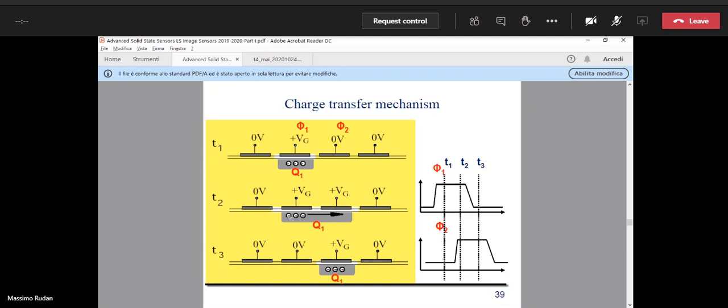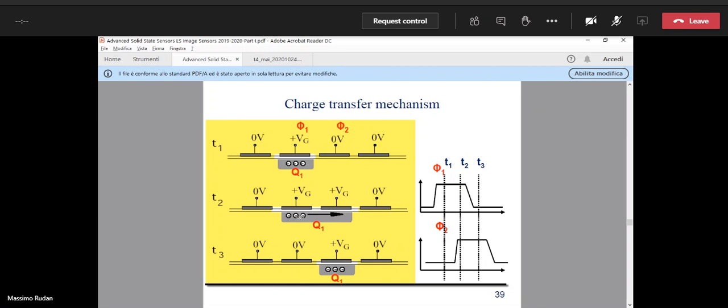After a while, when the charge has been distributed equally, we put down phase 1. Here you can see on the right, we put down phase 1. So only phase 2 is high. So we eliminate the space charge region, but we have a space charge region on the right of it.